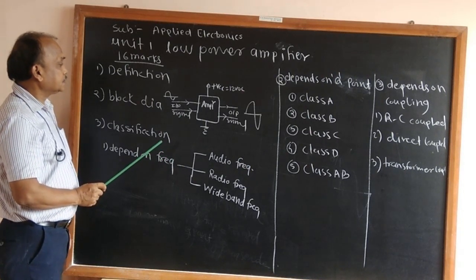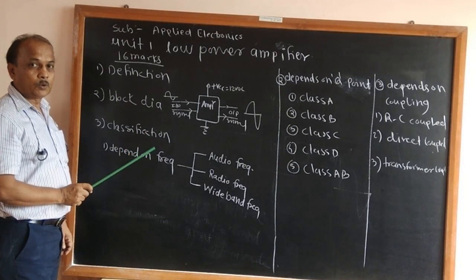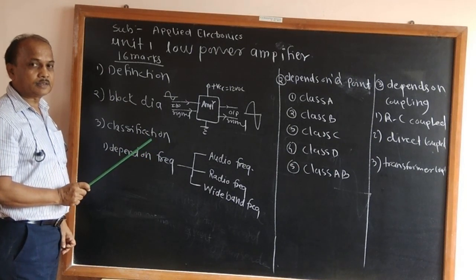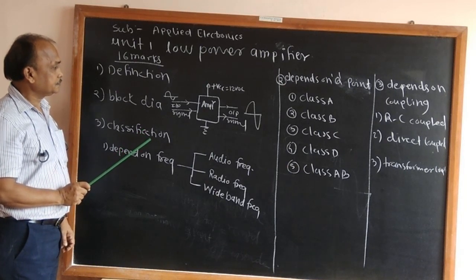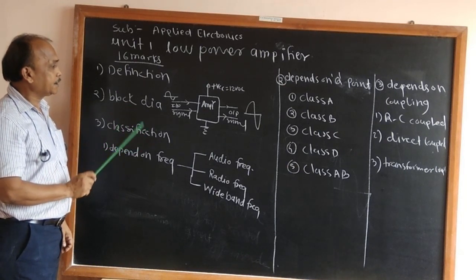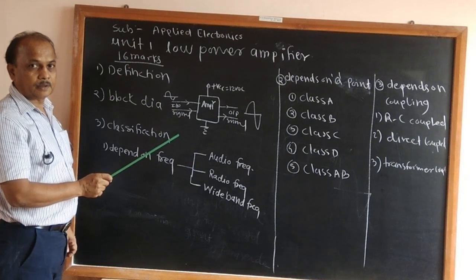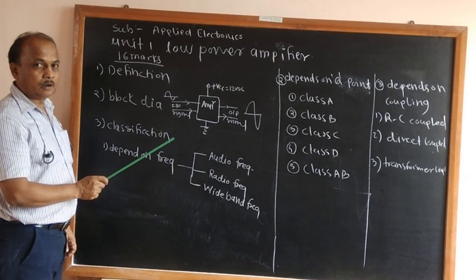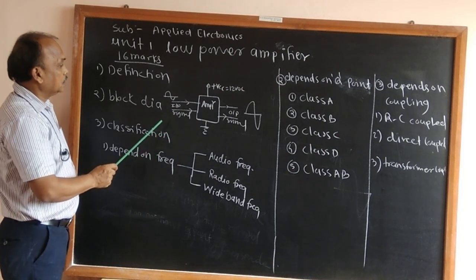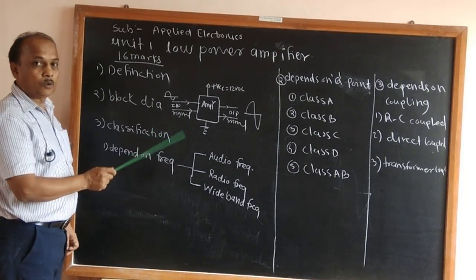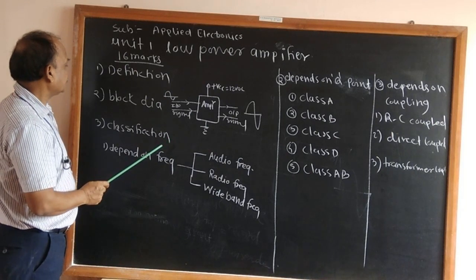This mic converts sound signal into electrical signal. These signals are very weak, in microvolts. Now suppose microvolt signals are directly connected to the amplifier, then is it possible to reproduce the sound? No, because the mic gives very low signals.